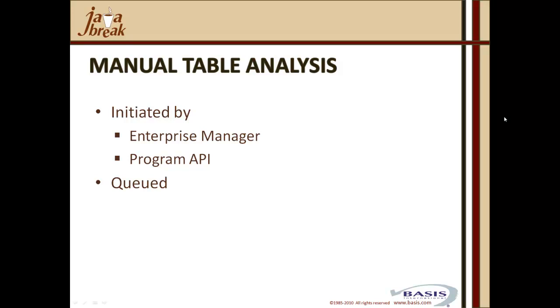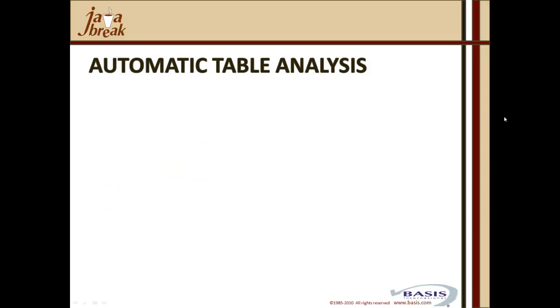You can queue that analysis, so the Enterprise Manager will queue up the tables to be analyzed, making sure that the processor is not sluggish during that procedure. And you can manage that queue in the Enterprise Manager.